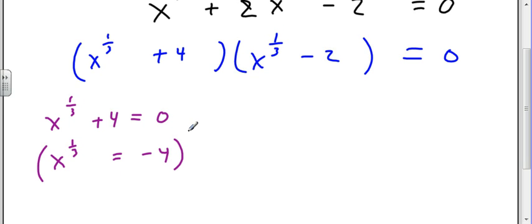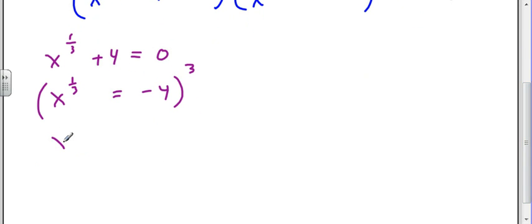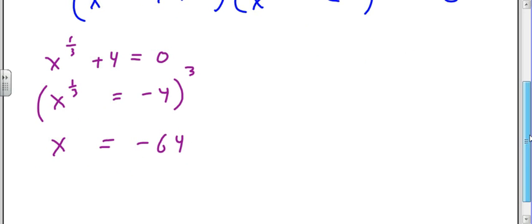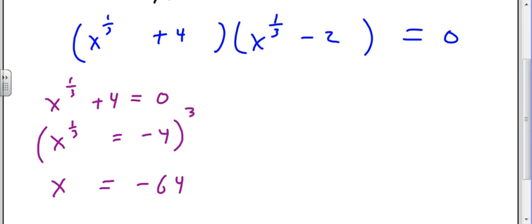I'm going to cube each side of the equation, and I'm going to say x is equal to minus 64. All right. And then I'm going to come over here, and I'm going to say that x to the 1/3 minus 2 is 0.